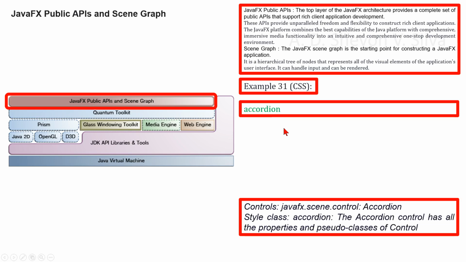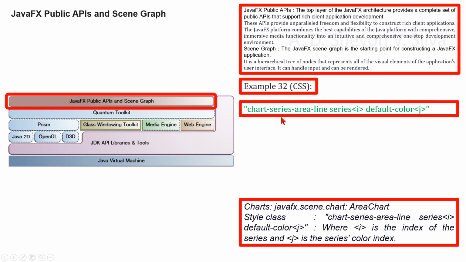Now we are considering accordion, in javafx.scene.control in controls, the style class accordion. The accordion control has all the properties and pseudo classes of control. Now we are considering area chart.